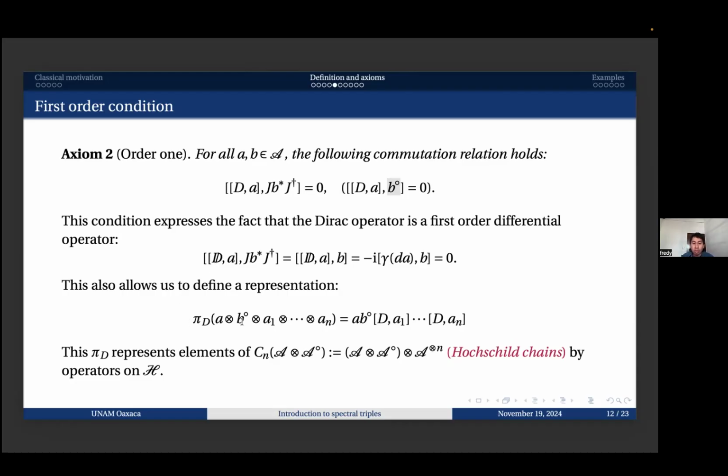In the non-commutative setting, this allows us to define representations of the algebra A tensor A op, which is very important to define Hochschild homology and to talk about the orientation axiom.